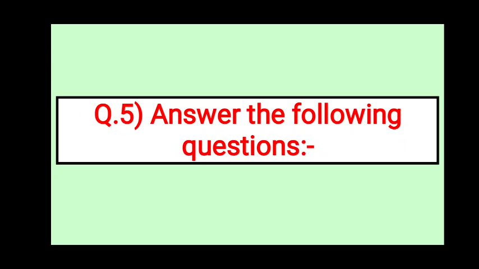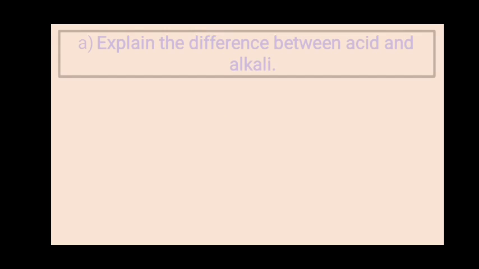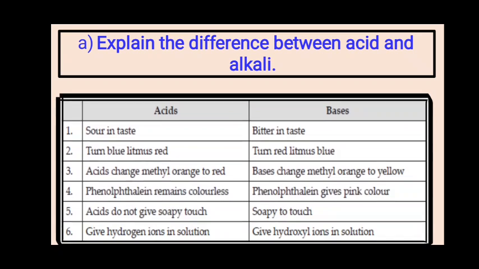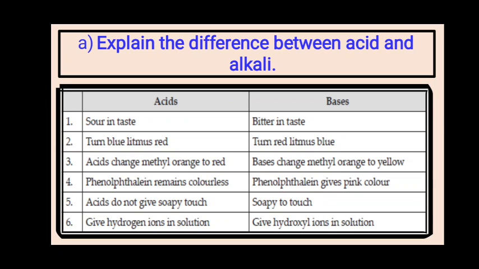Question number 5. Answer the following questions. In that first one, explain the difference between acid and alkali, or you can say acid and base. Difference between, as I had told you all earlier also, minimum 4 points has to be there. First one, acids are sour in taste and bases or alkalis are bitter in taste.